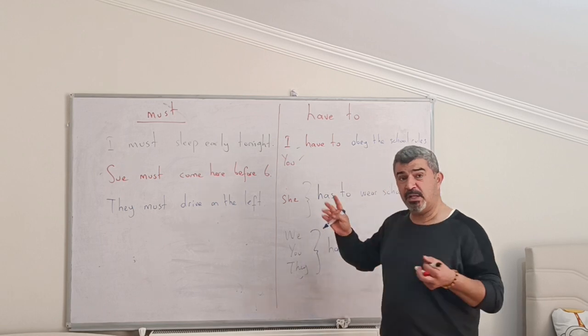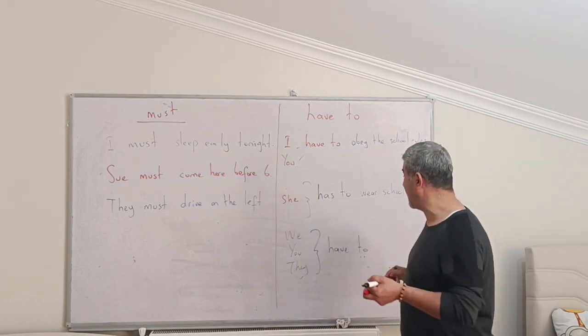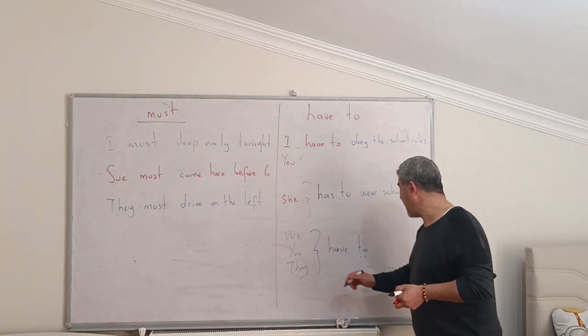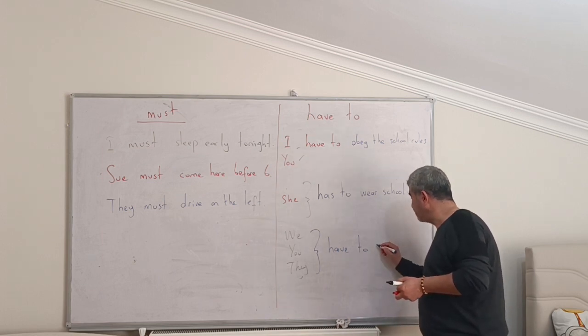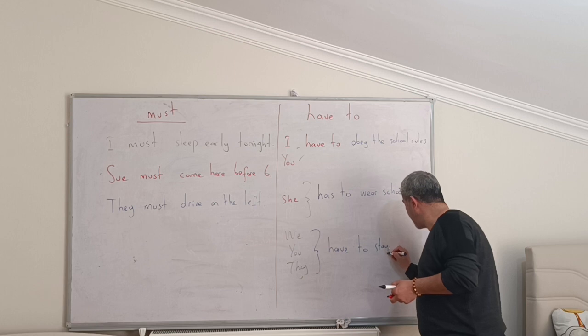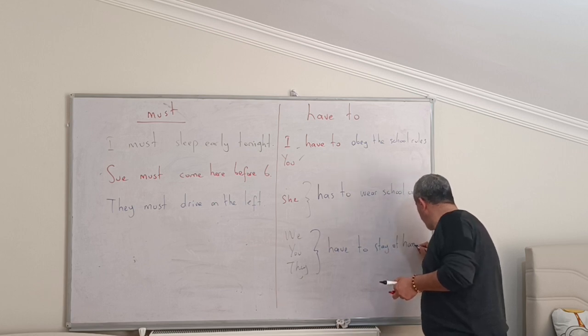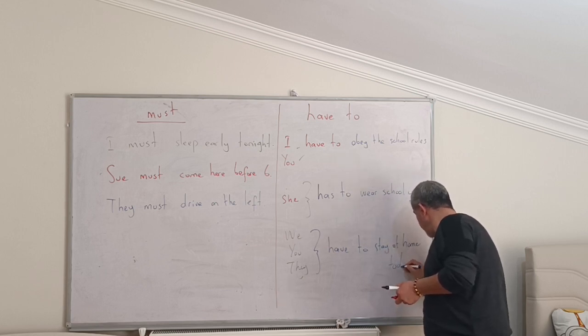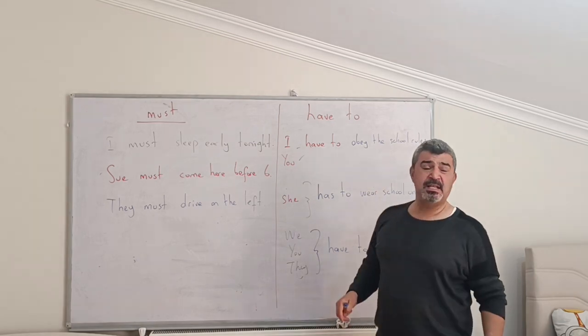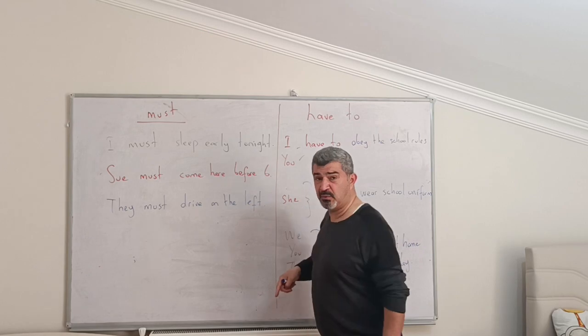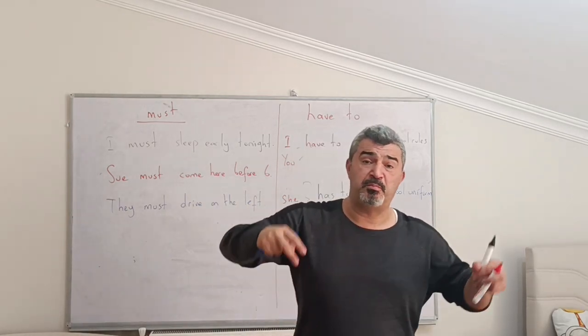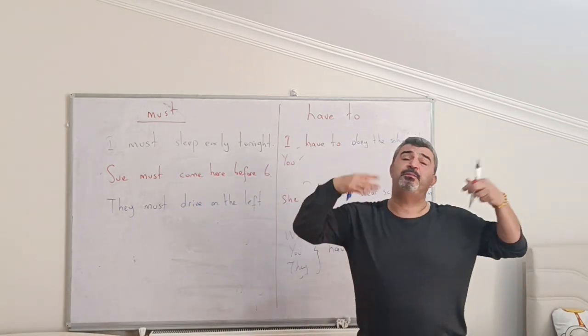I will give the meaning. When I give the meaning, you will understand the difference between must and have to. We have to, you have to, we have to stay at home today. We can use must and have to both for present time and for the future time.